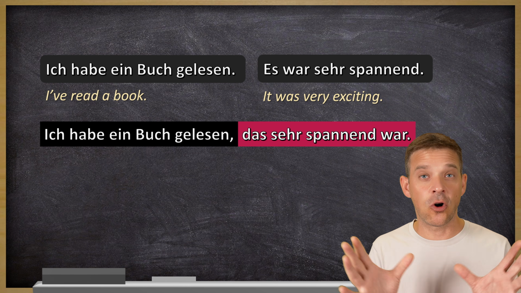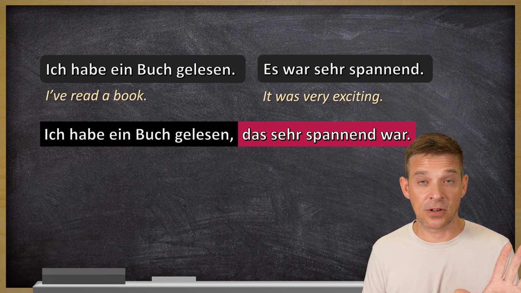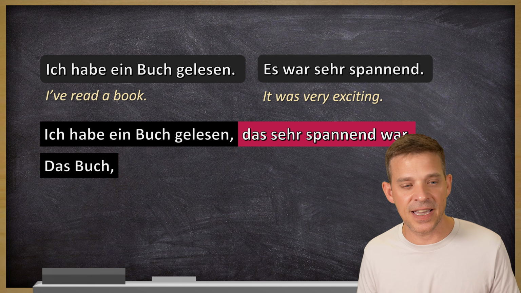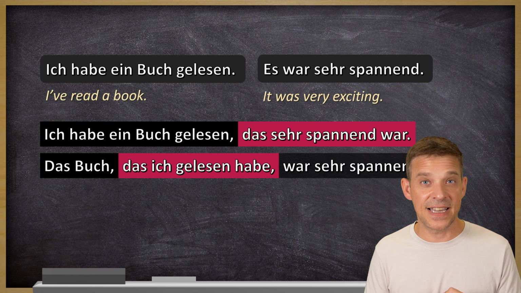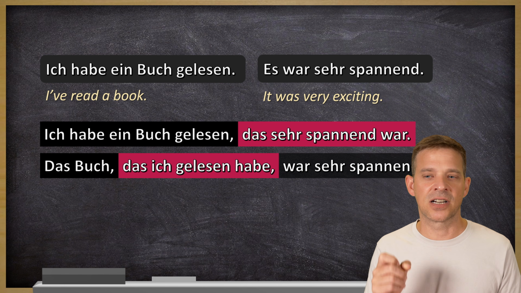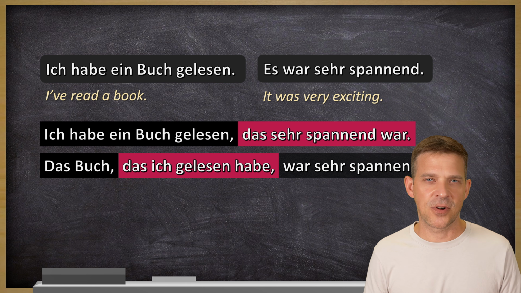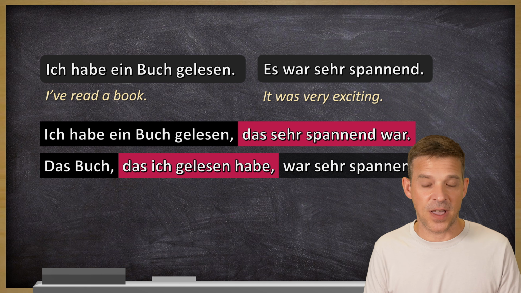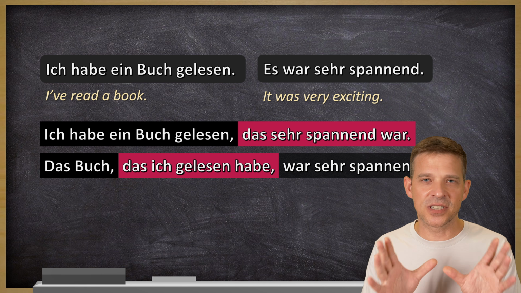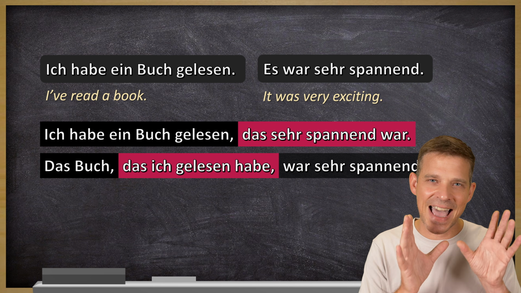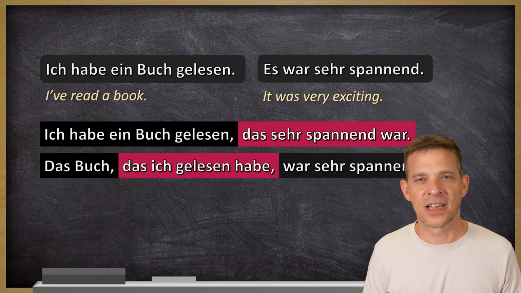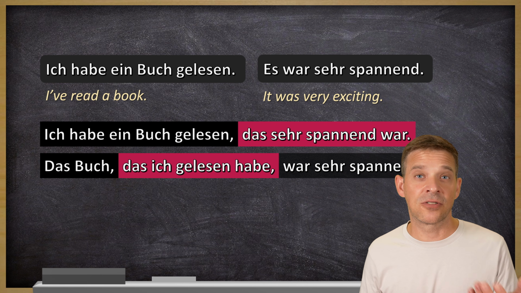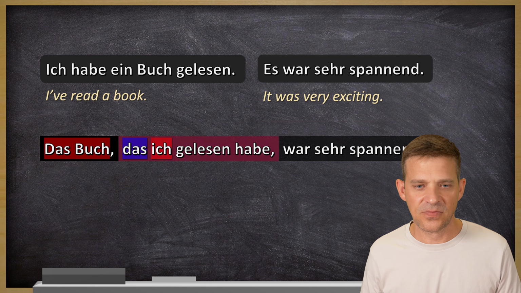This is the normal relative clause, which is absolutely fine as well, but you could also use an embedded relative clause by saying, das Buch, das ich gelesen habe, war sehr spannend. This one is even a little bit nicer because we have this spannend. The most important information is right at the end of the main clause, which makes it more understandable for the reader or the listener.